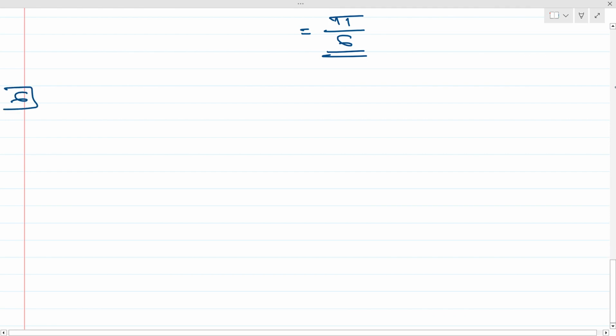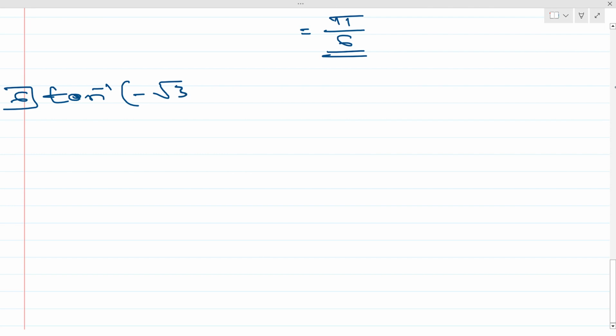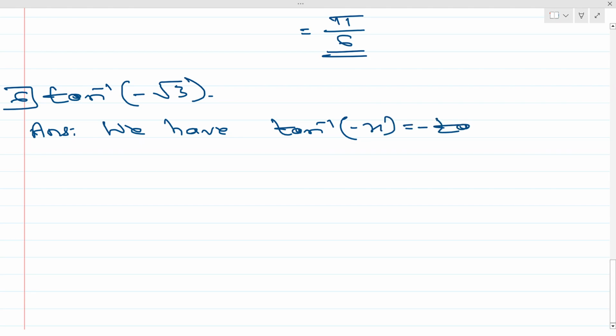Moving on to the next question. Tan inverse minus root 3. Answer, as we have tan inverse minus x will be minus tan inverse x.